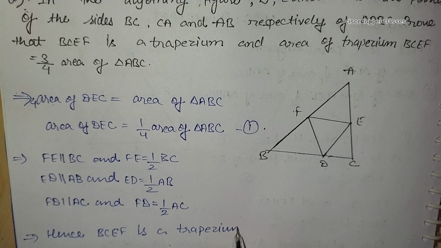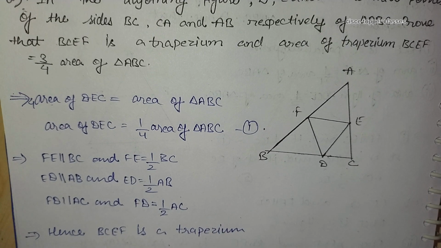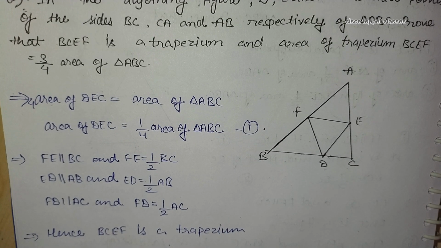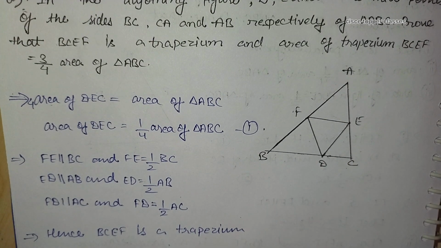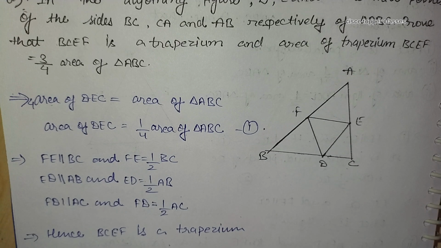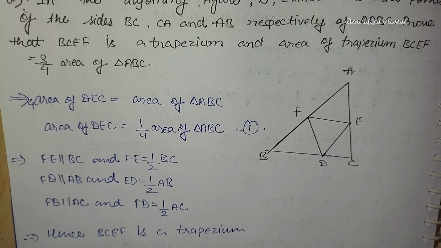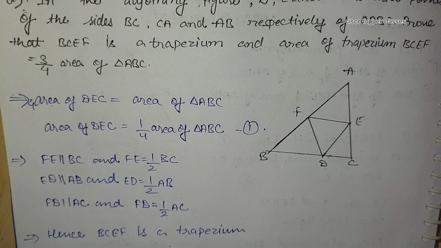and from here only we can write the area of BCEF. Area of BCEF is equal to area of these three triangles, means area of triangle BDF plus area of triangle FDE plus area of triangle DEC.